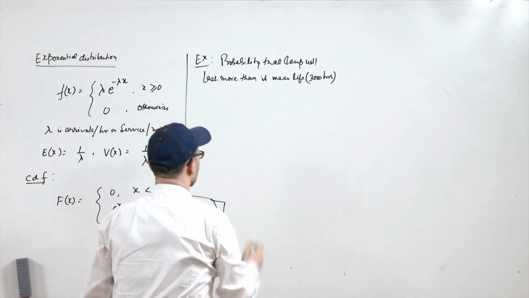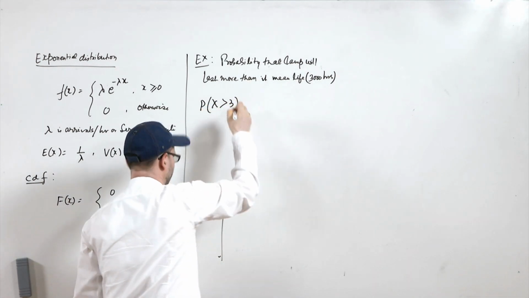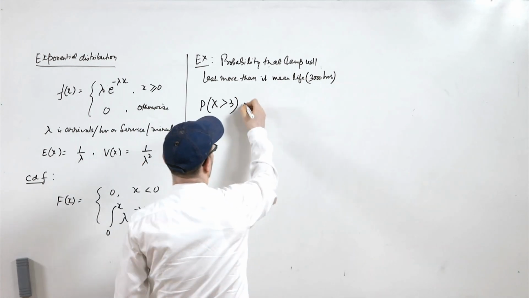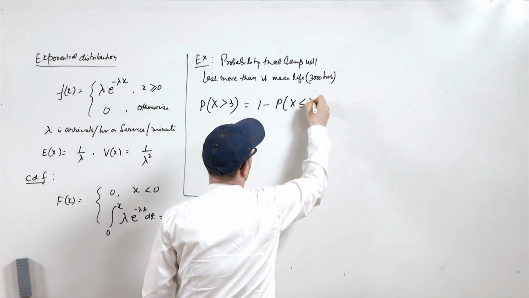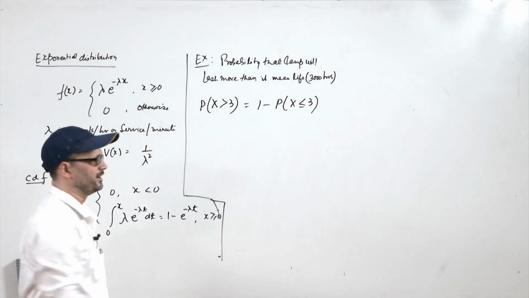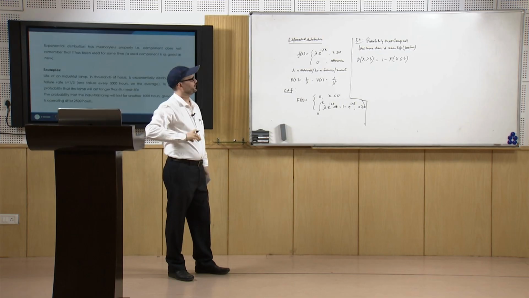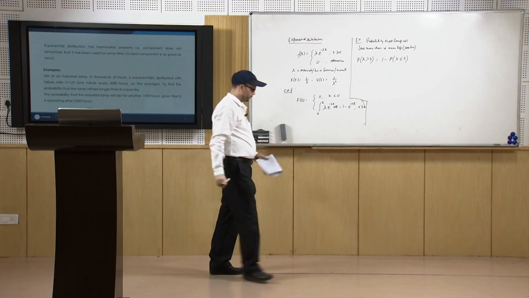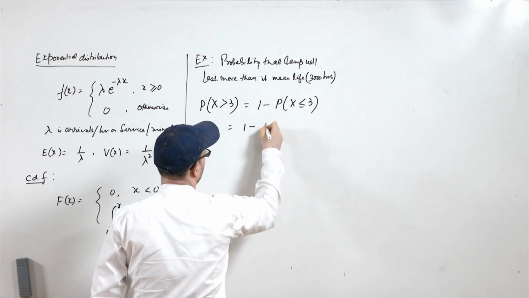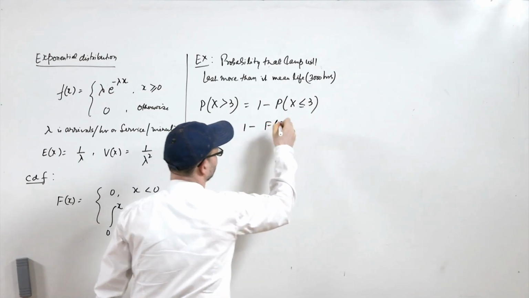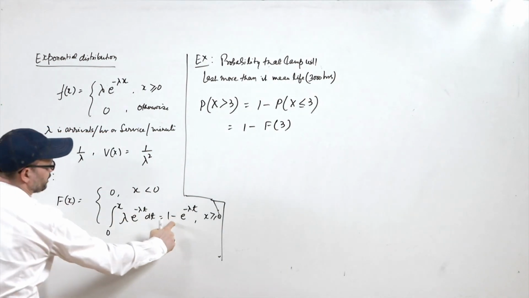So, P(x more than 3) is 1 minus P(x less than or equal to 3). This is again calculated using the cumulative distribution function. So it will be 1 minus F(3), and you can get this cumulative distribution function from here.